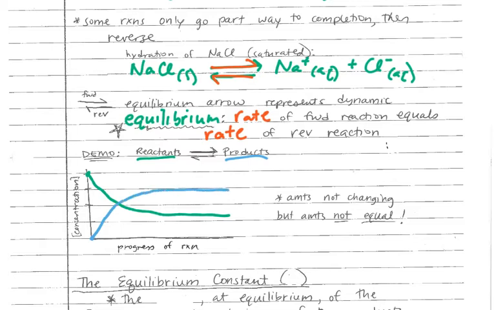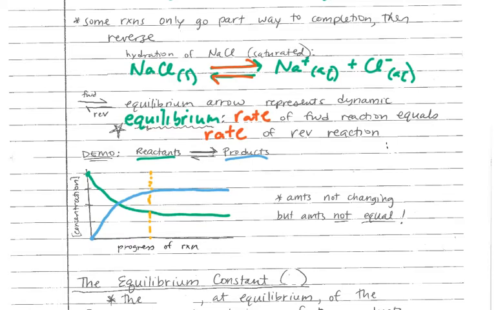You'll notice that at equilibrium, when the rate of change is equal in both directions, the amount of products and reactants is not the same. There's still a higher concentration of product than there is reactant at equilibrium, but there's no longer a change in the amount of product or reactant. The amount is staying steady because the forward and reverse rates are the same.